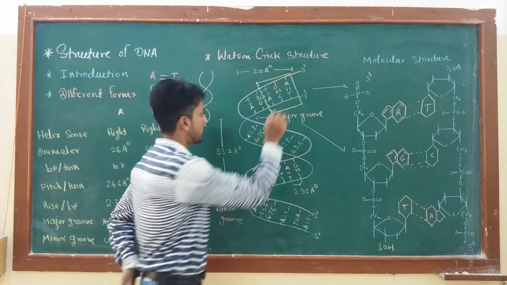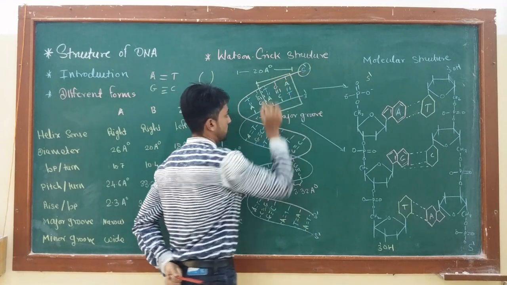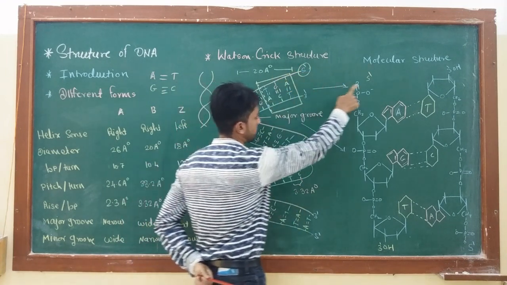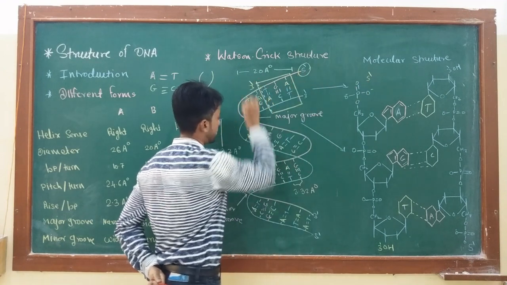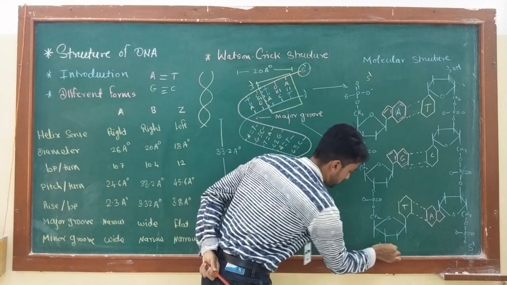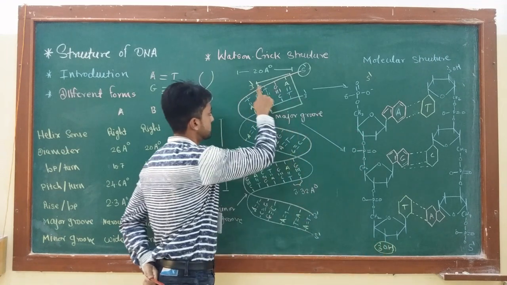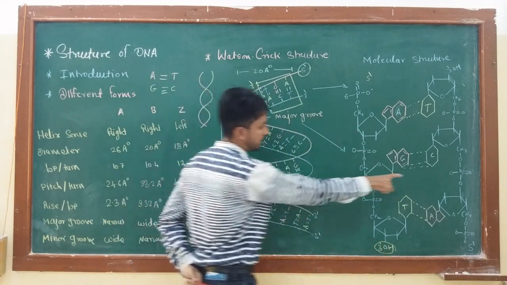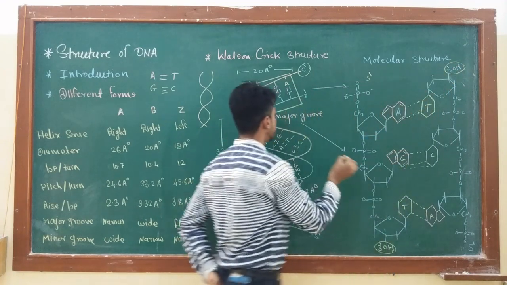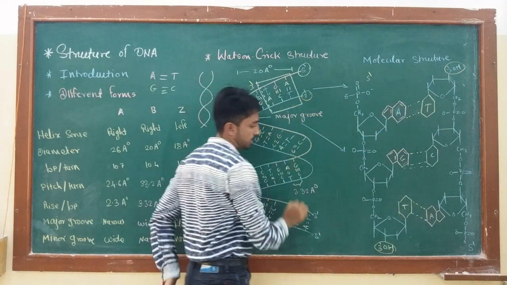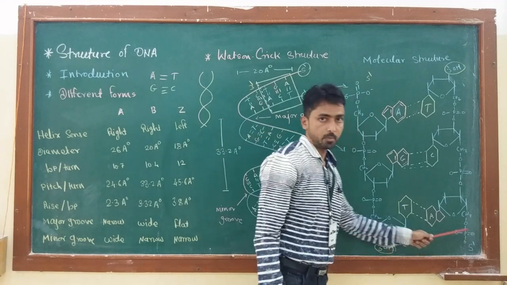In this structure, you can clearly note the 5' end of the first strand, and this end will be 3'. Here you can note the 3' hydroxyl end of the first strand. This is the first strand of the DNA. Now the second strand starts with the 3' end, 3' OH. Here you can see, while it ends with 5' phosphate.